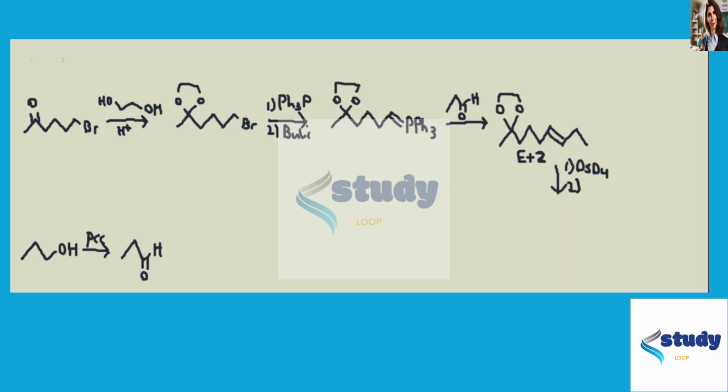And then the workup for osmium tetroxide is always this. Okay, and so that reagent set is going to do a dihydroxylation for us. And through all of this, our ketone remains protected.